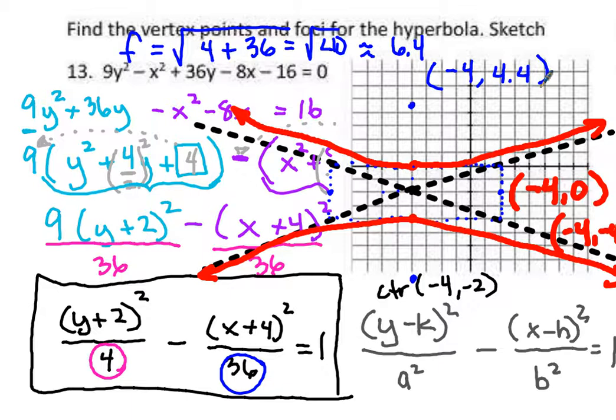That would be one of your foci, and then this one down here would be even farther away, about 10.4. So for a hyperbola, your foci are always found by adding your denominators together and taking the square root. The farther the foci are away, the wider your hyperbola will be.